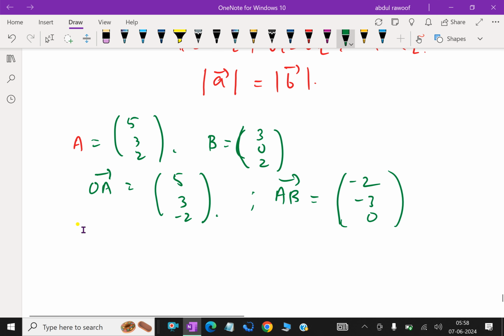Like this we can find OA, AB, BA, anything regarding the positions.